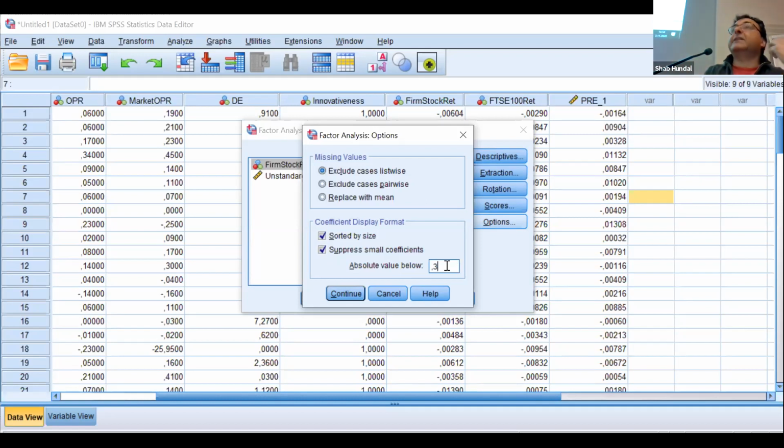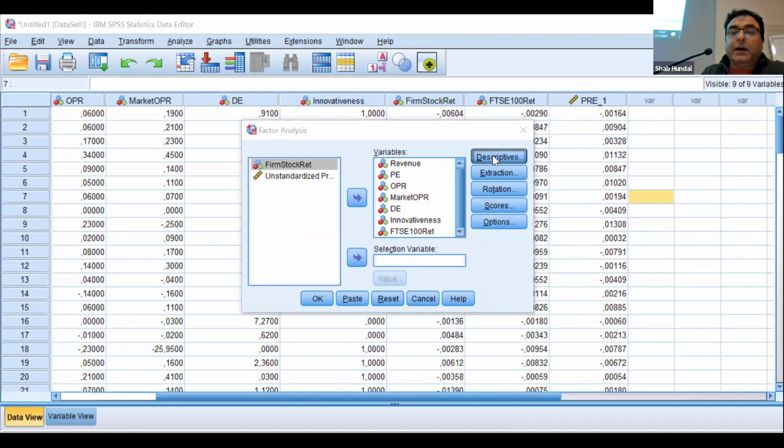So I write 0.3, meaning absolute values below 0.3 are unaccepted. Remember, don't take any value less than 0.3. Continue.